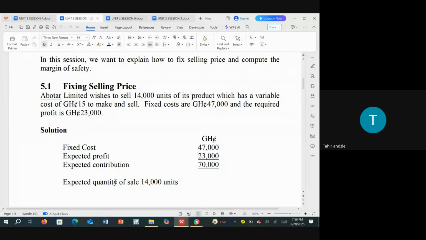Now, expected unit of sale is 14,000, and variable cost per unit is 15. And remember that we subtract variable cost from the sales to get contribution. Therefore, if you have the contribution in total, when you add it to the variable cost, it should give you the sales revenue.